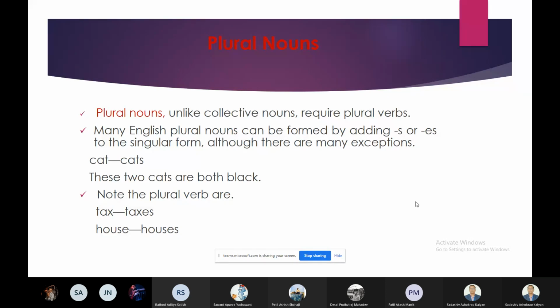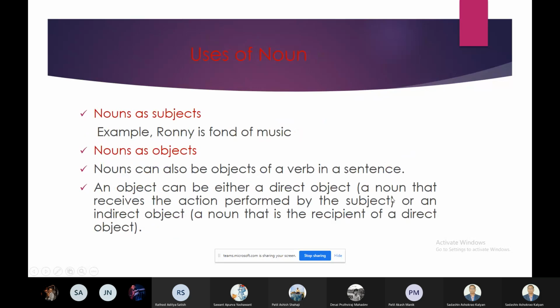Okay, so these two cats are both black. So like this, note that we are always using the plural forms: the plural of tax is taxes, the plural of house is houses. Okay, so like this, these plural forms are also considered as plural nouns.